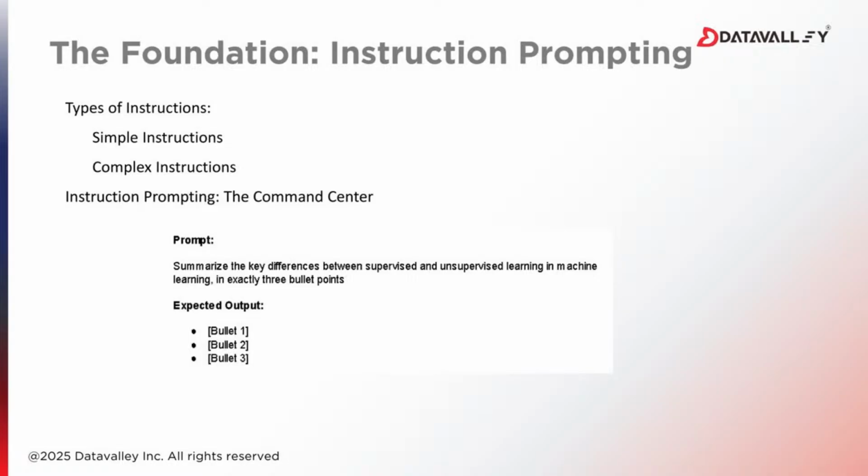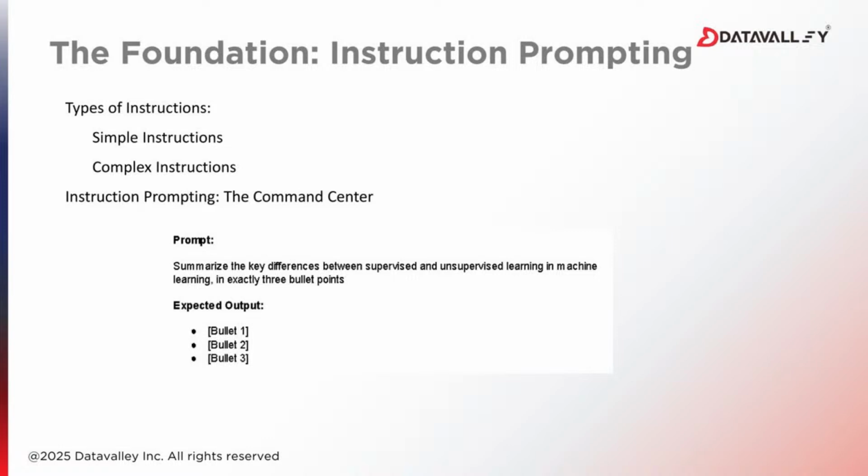Whereas coming to complex instructions, these involve multiple steps or some conditional logic because they require the AI to combine several subtasks. Suppose we say, summarize this text, then extract all key entities like names and dates, and finally present both summary and entities in JSON form.